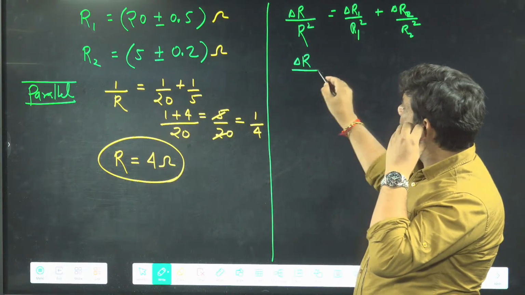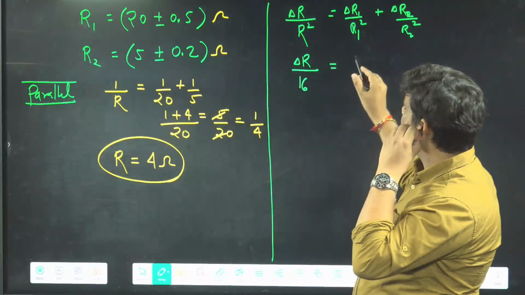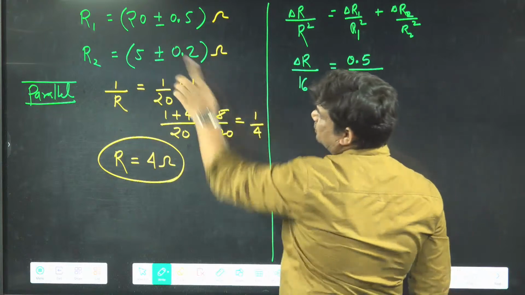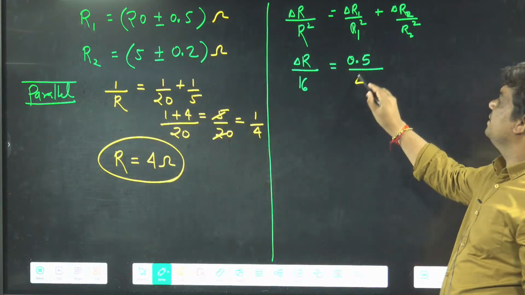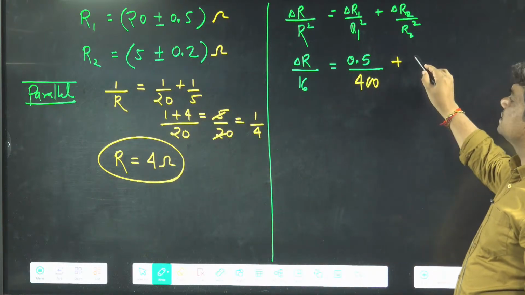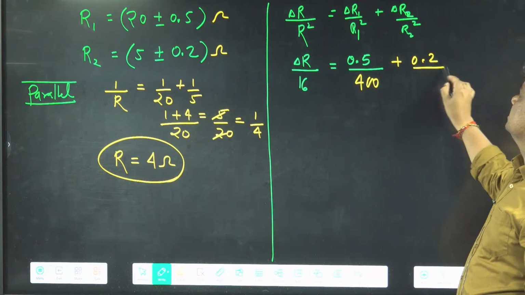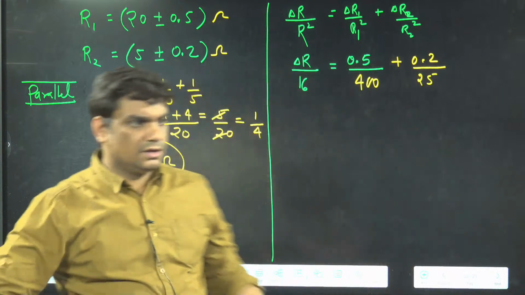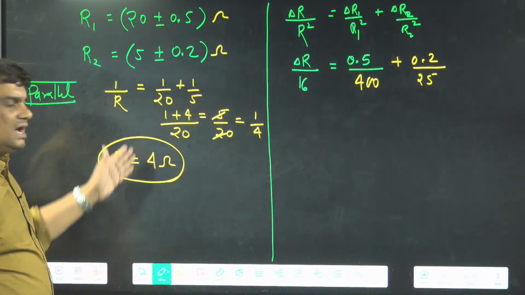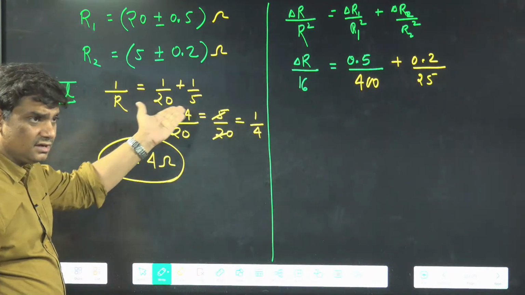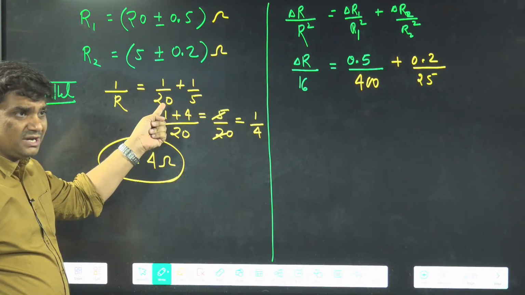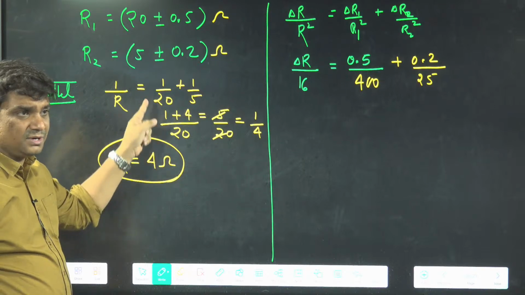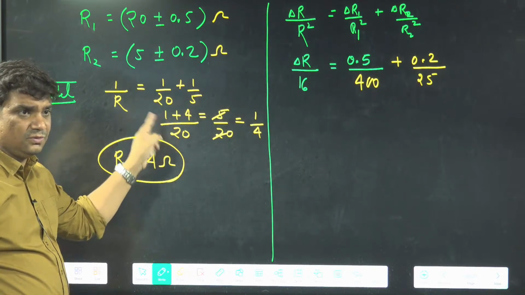Delta R square over 16 equals 0.5 square divided by 20 square, which is 400, plus 0.2 square divided by 5 square, which is 25. How did 20 come? The LCM of 1 by 20 plus 1 by 5 is 20, so 1 plus 4 is 5.